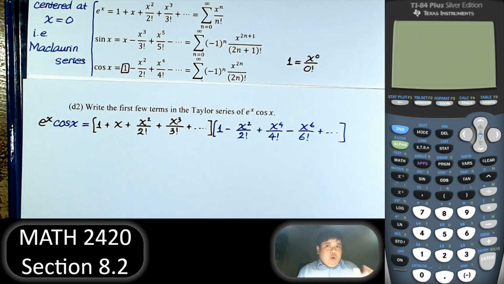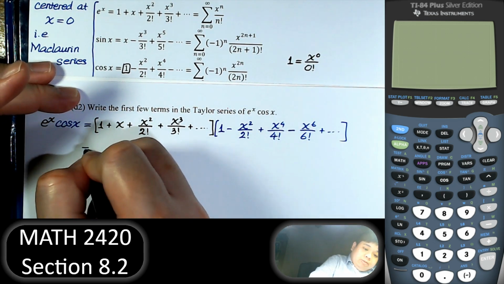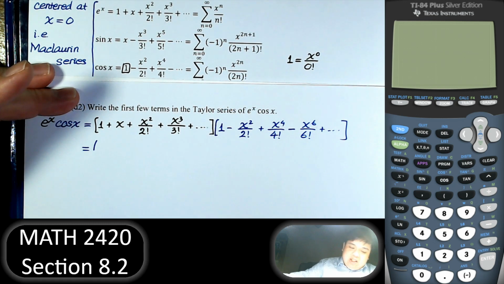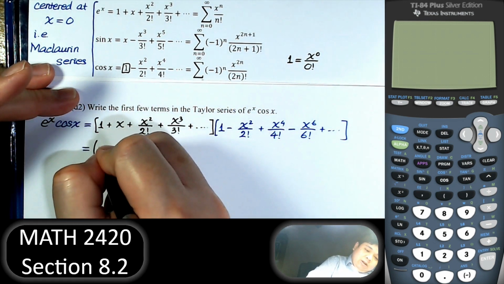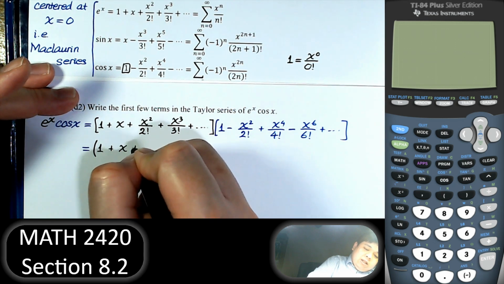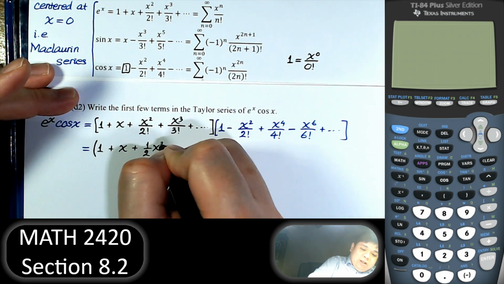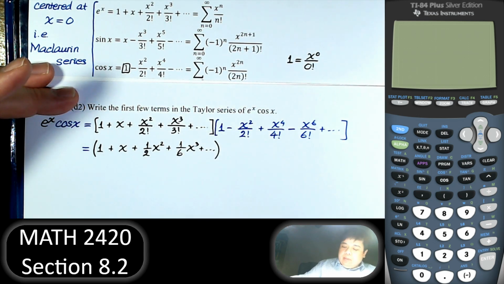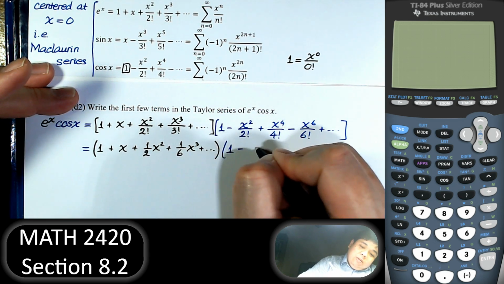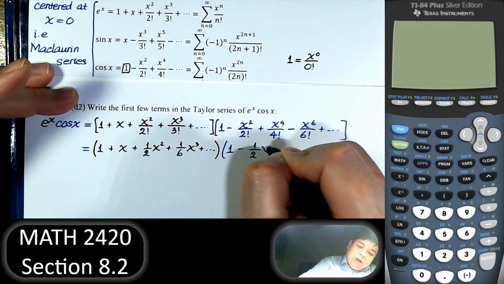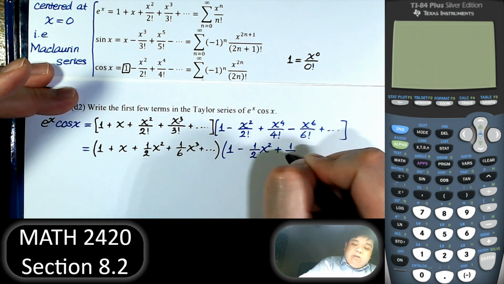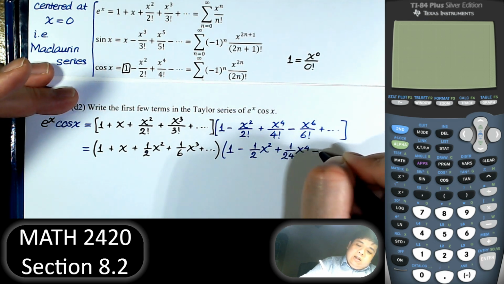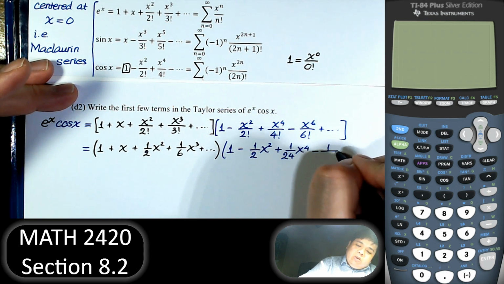Right. Of course, we're going to multiply it out, but I will rewrite this and simplify the fractions a bit. 1 plus x plus 1/2 x squared plus 1/6 x cubed plus, and then multiply by 1 minus 1/2 x squared plus 1/24 x to the 4th minus 1/720 x to the 6th, since 4 factorial is 24 and 6 factorial is 720.